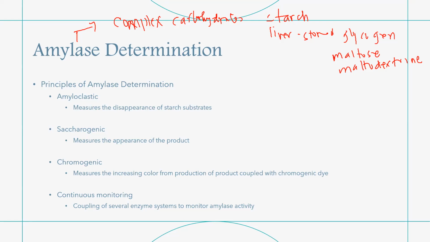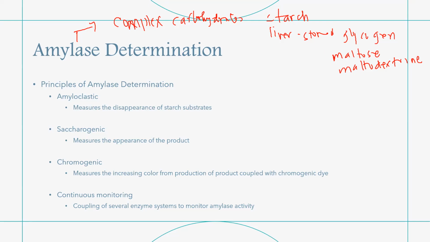For example, the reducing sugar is then measured, where the concentration is proportional to the amylase activity. One of the best examples of the saccharogenic method is the Nelson-Somogyi method for carbohydrates.